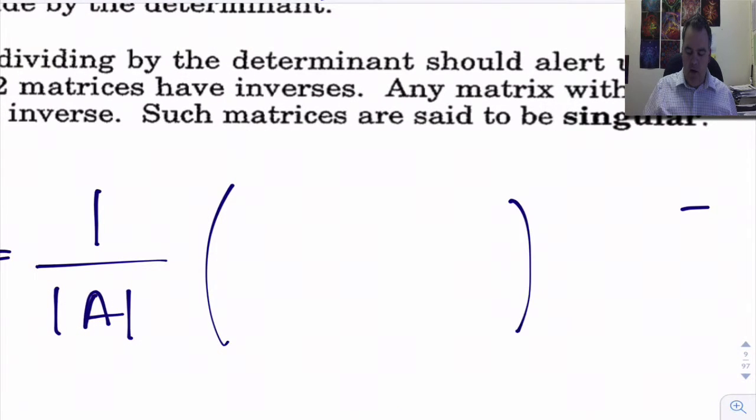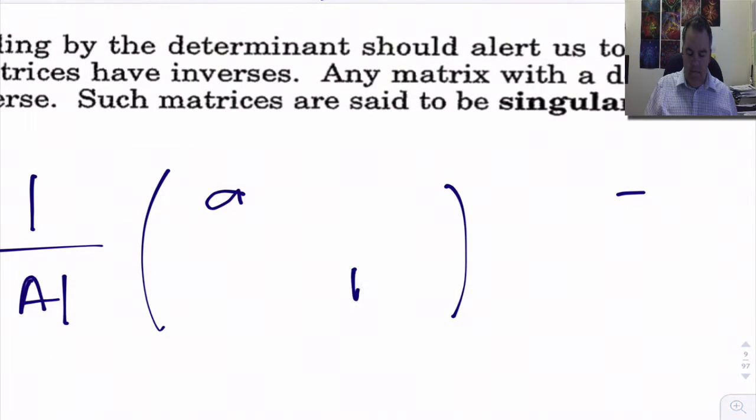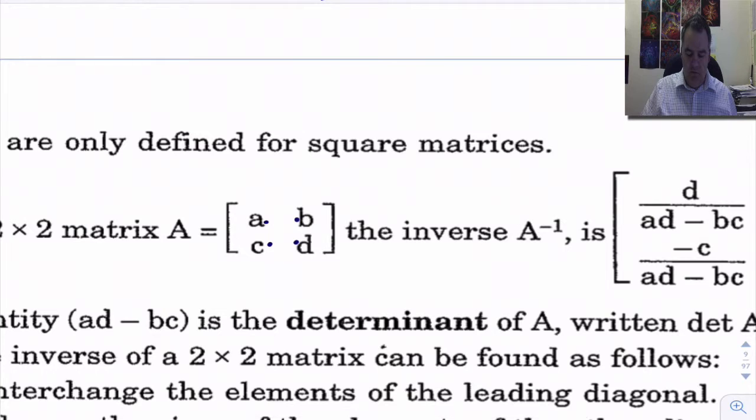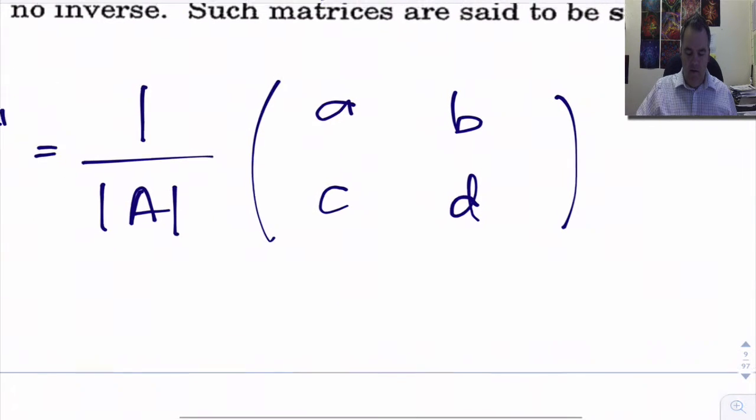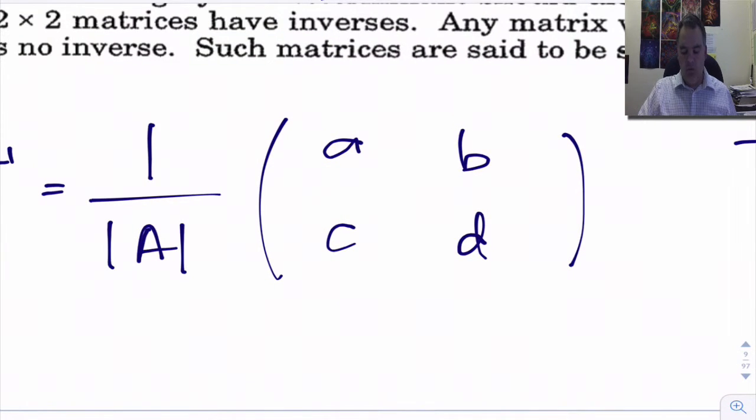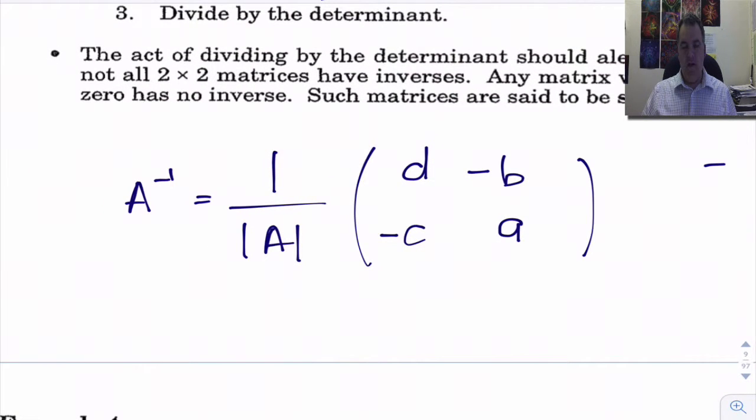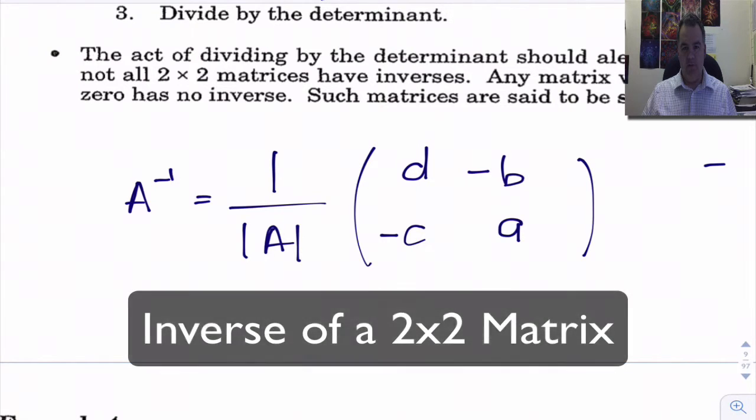If our original matrix was A, B, C, D, the inverse, what we do is we swap A and D around. So D goes there, and A goes there, and we change the sign of those numbers on the other diagonal. That is the formula for the inverse of a 2 by 2 matrix.